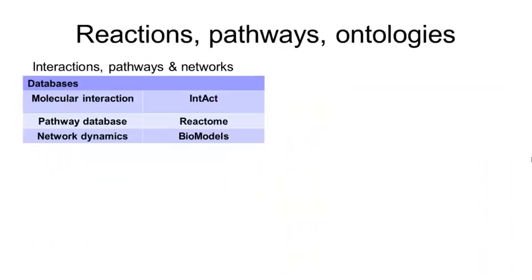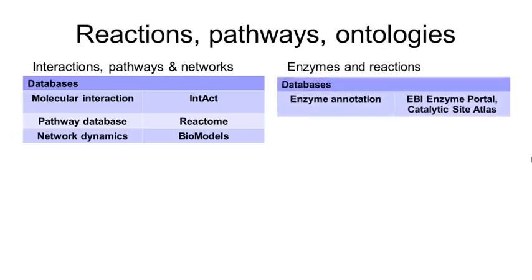Another area of strength of EBI is its resources on reactions, pathways, and ontologies, such as the IntAct database of molecular interactions, the Reactome database of pathways, and BioModels of dynamic network models. EBI's Enzyme Portal and Catalytic Site Atlas have annotations of lots of enzymes.